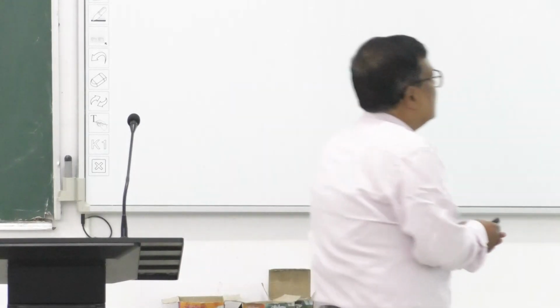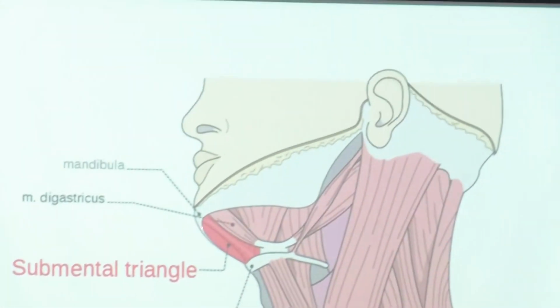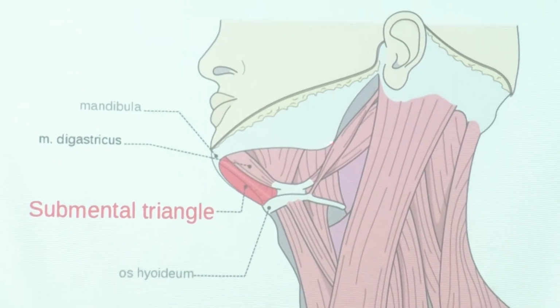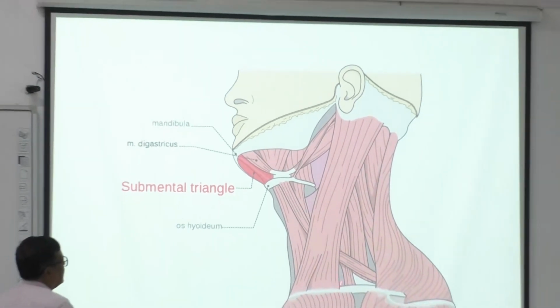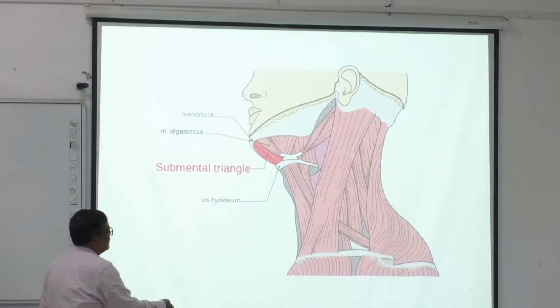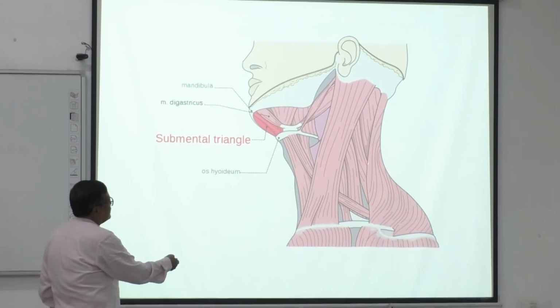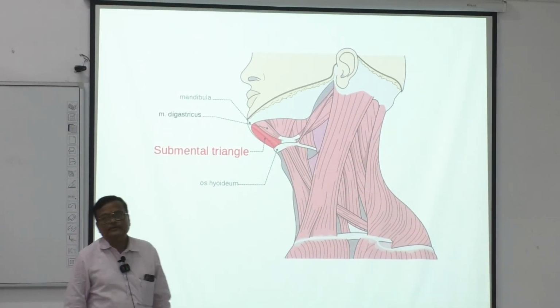Therefore, this triangle, the midline, the base of the mandible, and the sternocleidomastoid, it is known as the anterior triangle. And the sternocleidomastoid, the trapezius muscle, and the middle third of the clavicle, the triangle above the clavicle is called the posterior triangle.